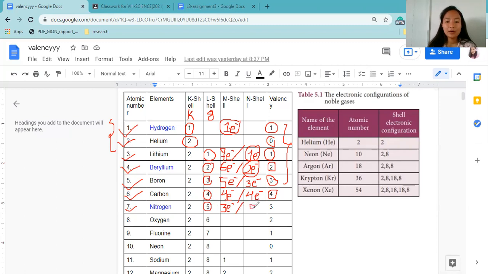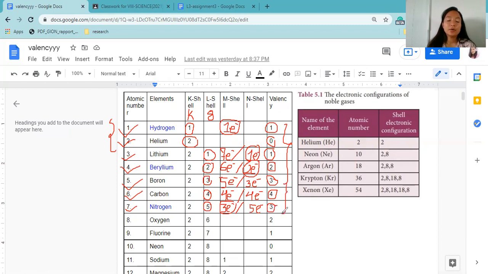Then the element would be duplet stable. Now, when we compare energies for these two conditions, it's much easier to bring in 3 electrons than to remove 5 electrons. Because it's easier to bring in 3 electrons, the valency of nitrogen is 3.